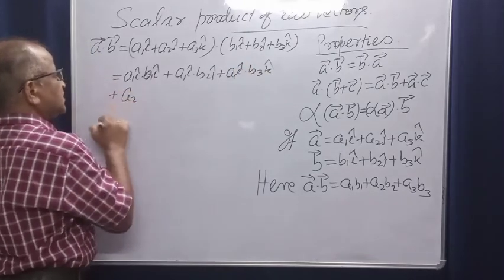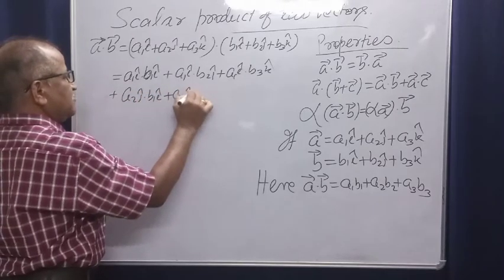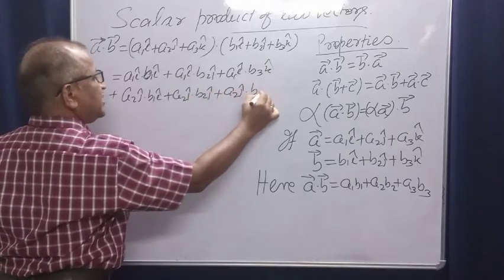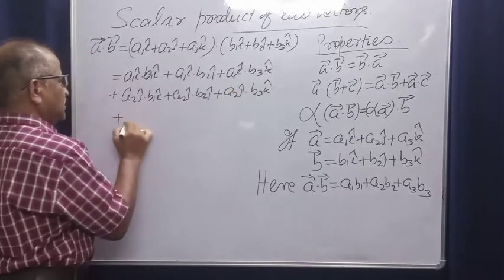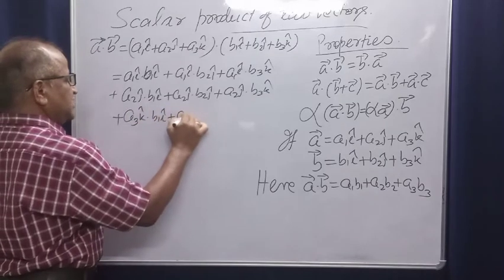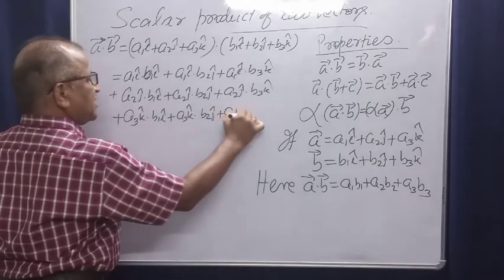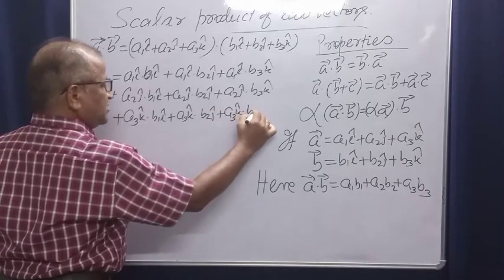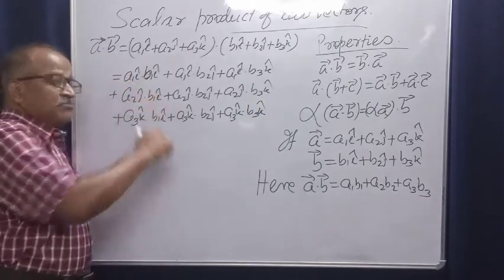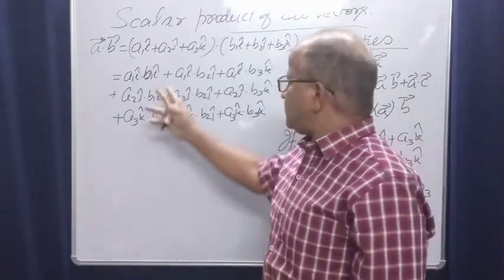Similarly, A2 j cap dot B1 i cap plus A2 j cap dot B2 j cap plus A2 j cap dot B3 k cap plus A3 k cap dot B1 i cap plus A3 k cap dot B2 j cap plus A3 k cap dot B3 k cap. Now let us see A1 i cap dot B1 i cap. These are all scalars.